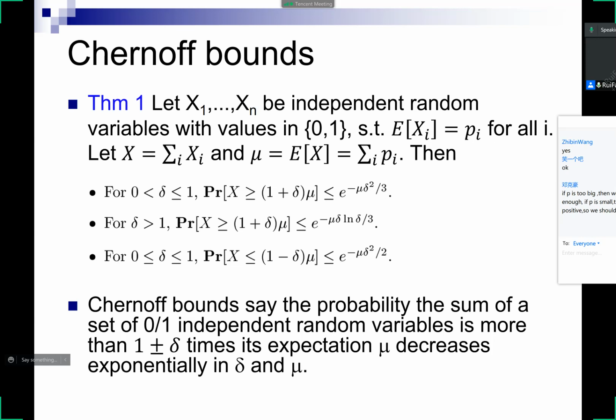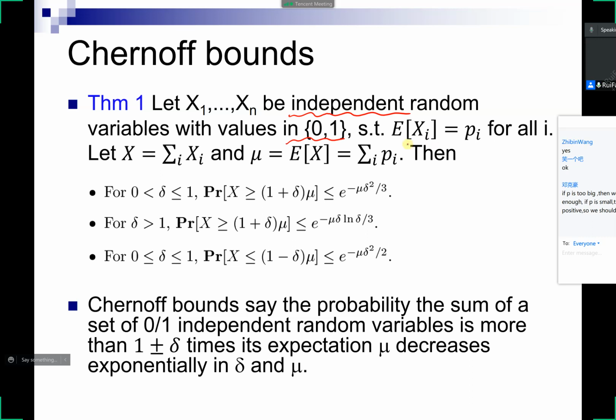More precisely, suppose you have a bunch of random variables, x1 up to xn, and let's assume that they're independent. This is important. Furthermore, suppose that each of these random variables is an indicator variable, so it can only take on values 0 or 1, but it can take 0 or 1 with different probabilities.